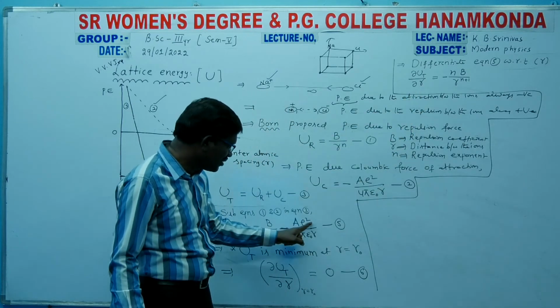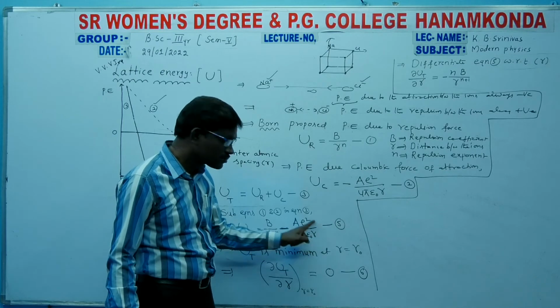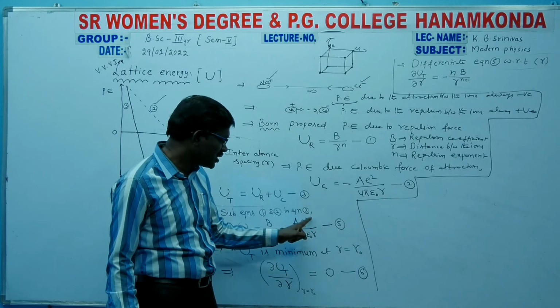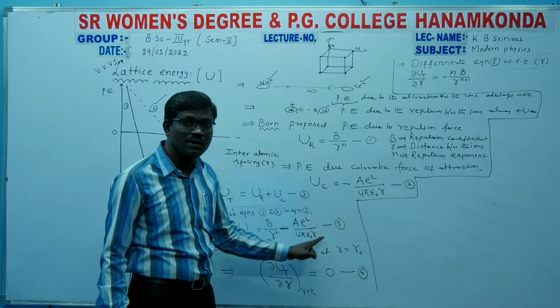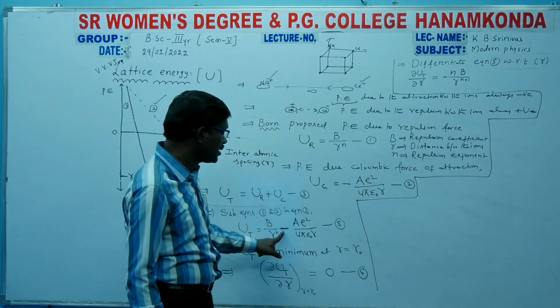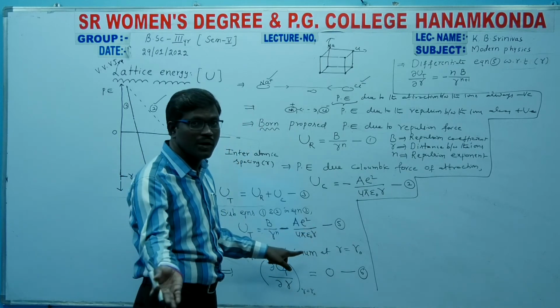So what is the differentiation of 1 by r? That is minus 1 by r square. Already here we are having minus, so this minus into minus becomes plus.